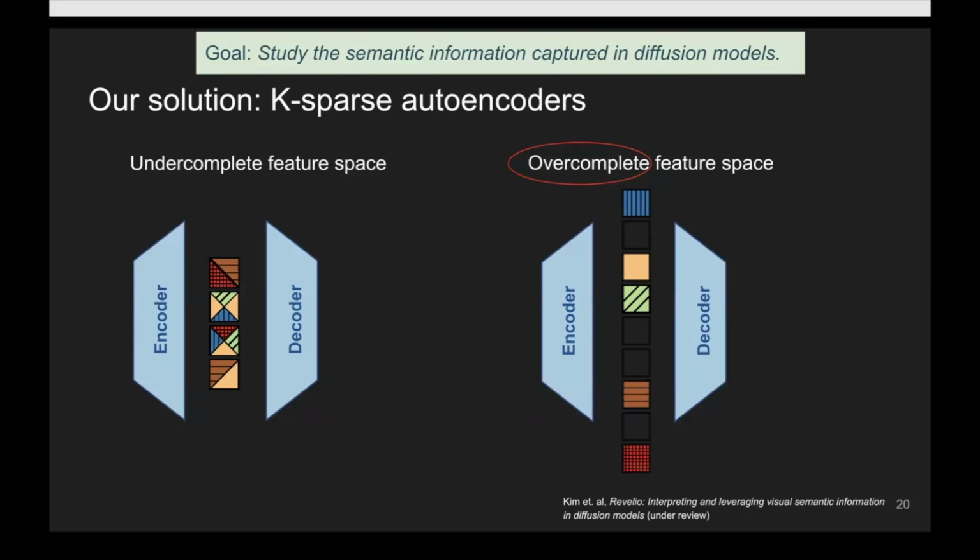Yes. Generally, what I mean is you take the original embedding, and is the latent dimension size of your sparse autoencoder bigger than your original space?